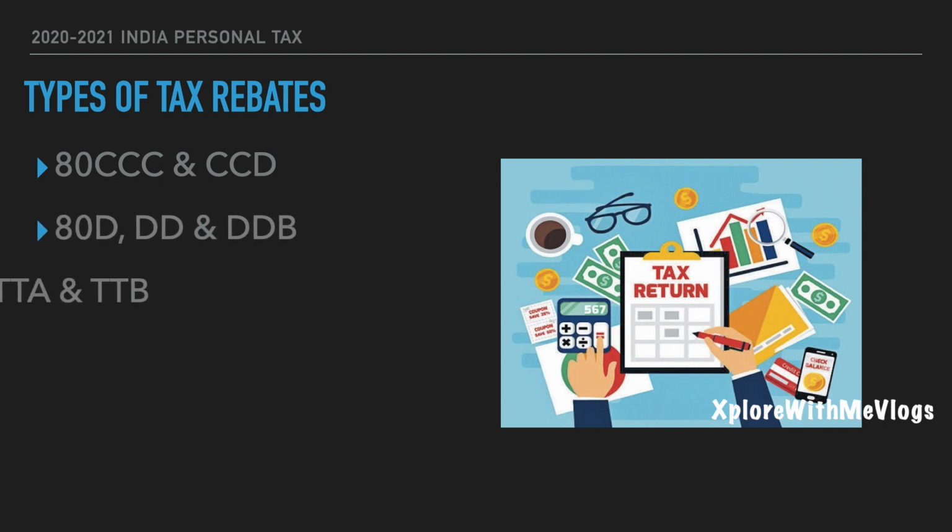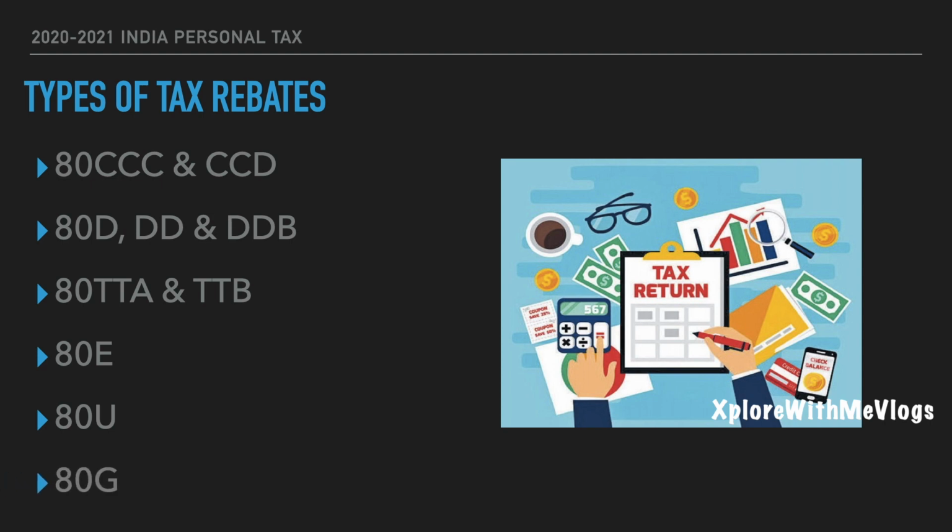Then comes the section covering medical expenses, and those are 80D, 80DD, and 80DDB. Next we have rebates on interest on savings, which are covered by section 80TTA and 80TTB. Finally, other sections 80E, 80U and 80G also cover the tax rebates.